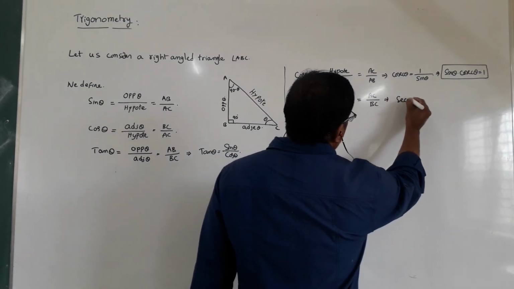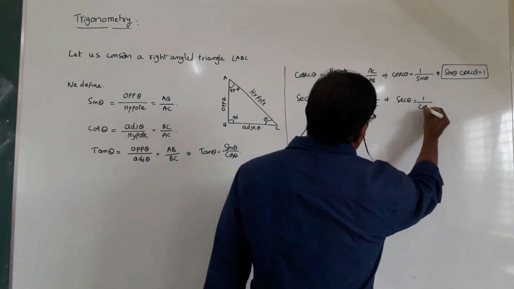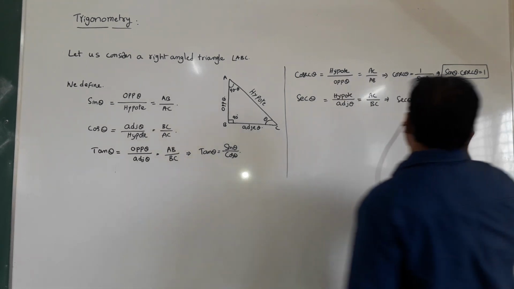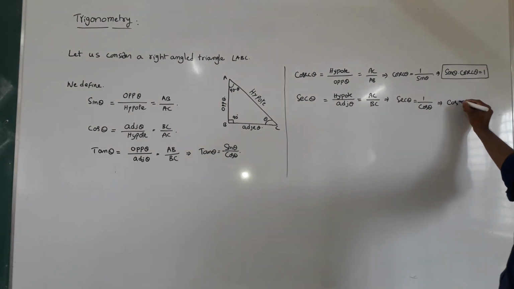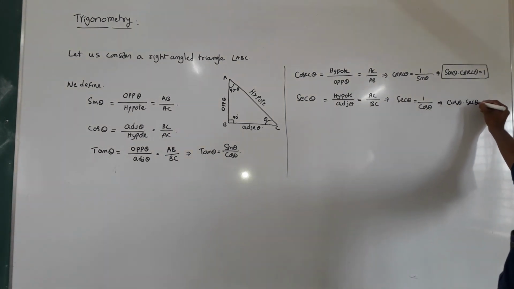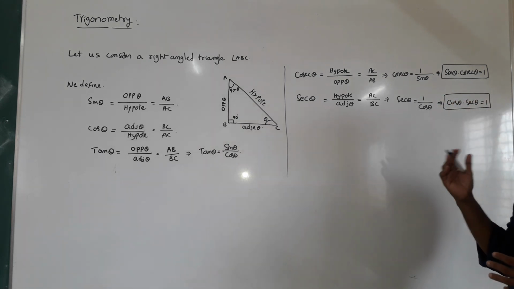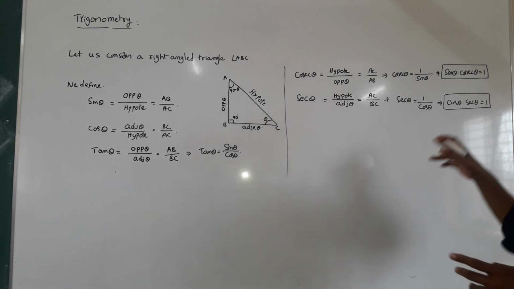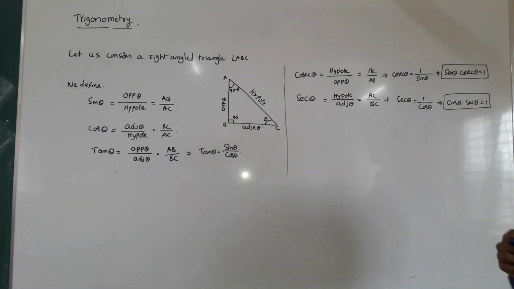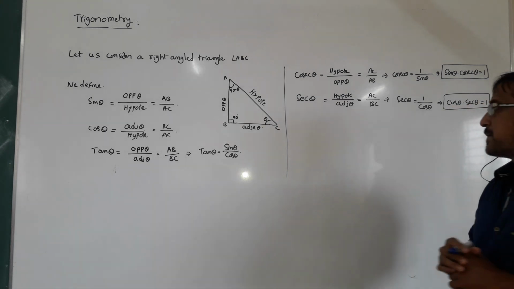So secant theta is equal to 1 by cos theta, so that cos theta into secant theta is always equal to 1.